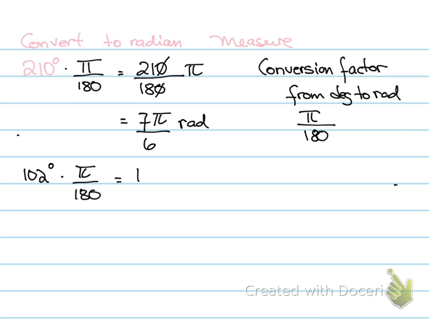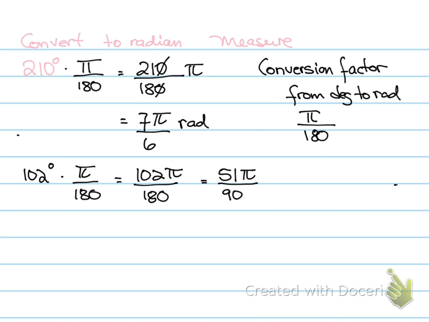And that gives us 102 pi over 180. And now we have to reduce. We can definitely reduce by 2. So let's start off small. Divide by 2 is 51 pi over 180. Divide by 2 is 90.